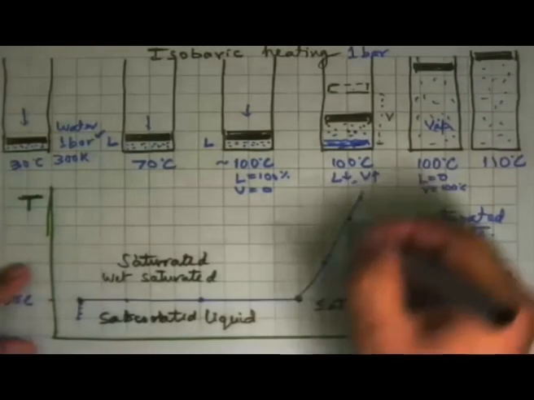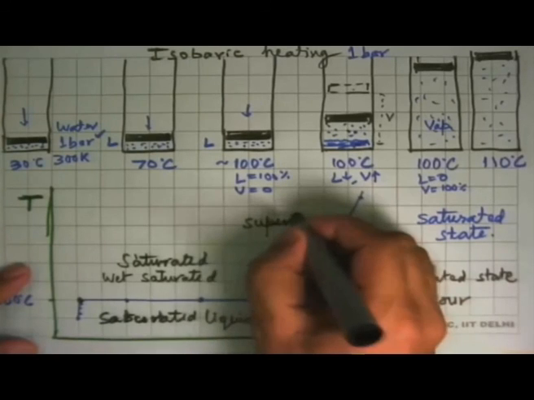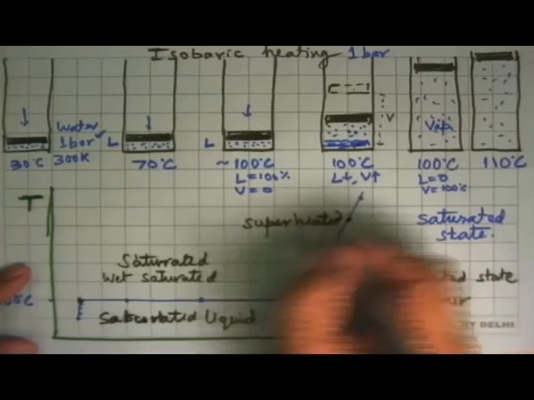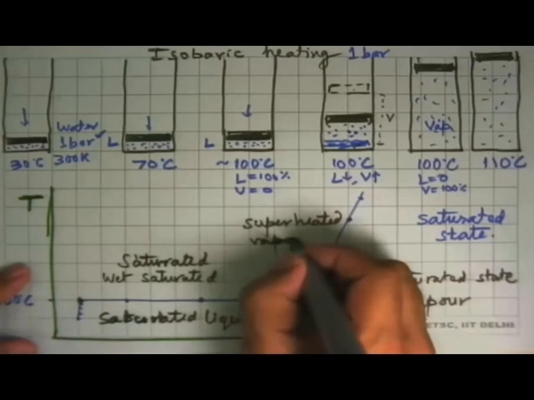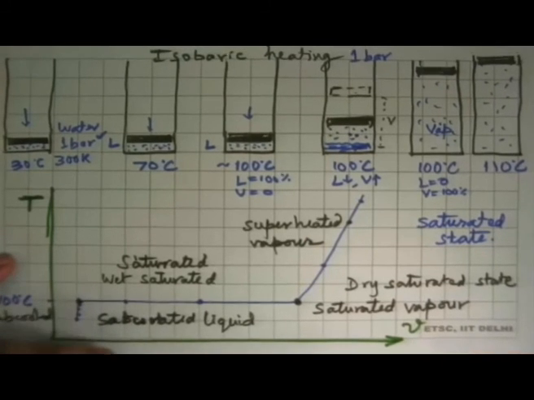And here all these states, this substance is said to be a superheated vapor, and these states, this is called either a subcooled liquid or a compressed liquid.